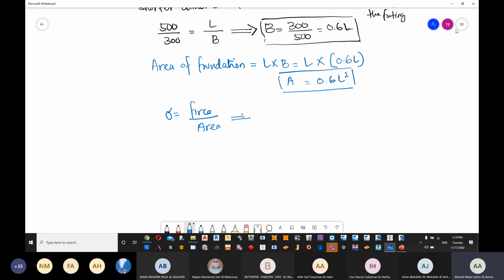Or, as we have calculated it, my area is equal to force divided by stress, or whatever we called it, say, bearing capacity. Do you remember what we had done for the isolated foundation? Area is equal to force divided by bearing capacity.